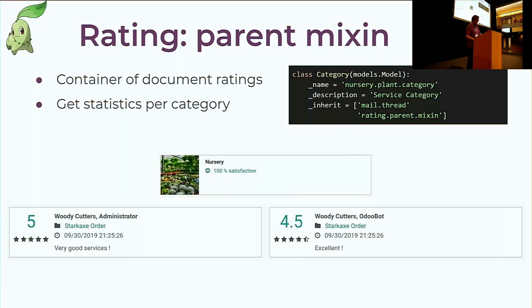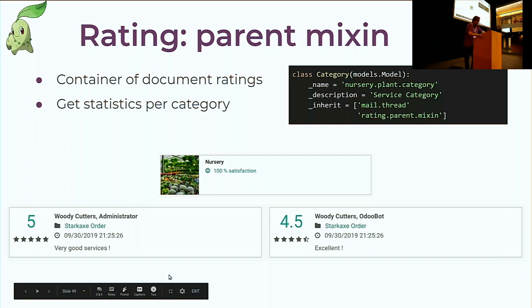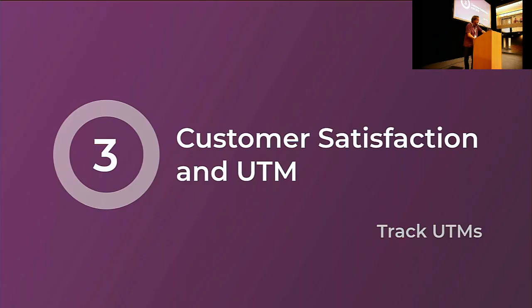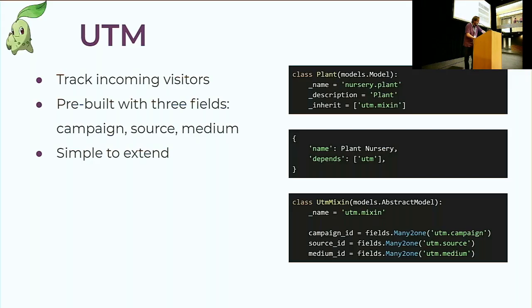Now you have the satisfaction of your customer, you can discuss with him. The next step is to organize your marketing team, and for that we want to be able to track the UTM. So UTM are the three magic keywords that notably Google uses: the campaign, the source, and the medium.